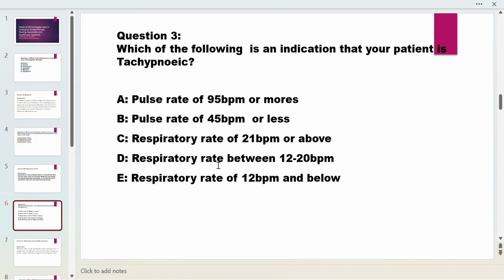D, respiratory rate between 12 to 20 breaths per minute. E, respiratory rate of 12 breaths per minute and below.